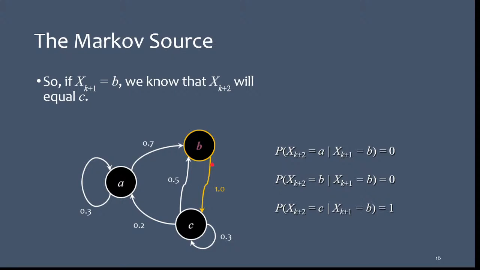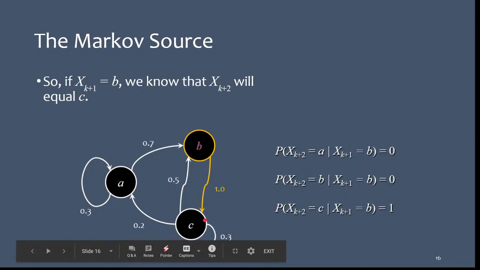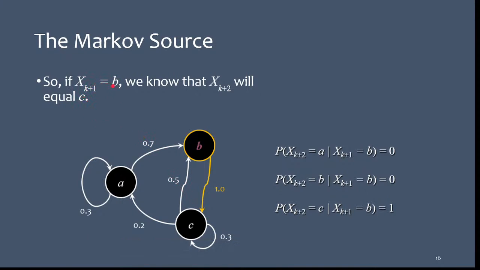From B, we have only one transition, that is to C. So if the current state is B, the only next state we can reach is C. Even if the current state is B, the probability of transiting to A in the next transition is 0, and the probability of transiting to B is also 0.